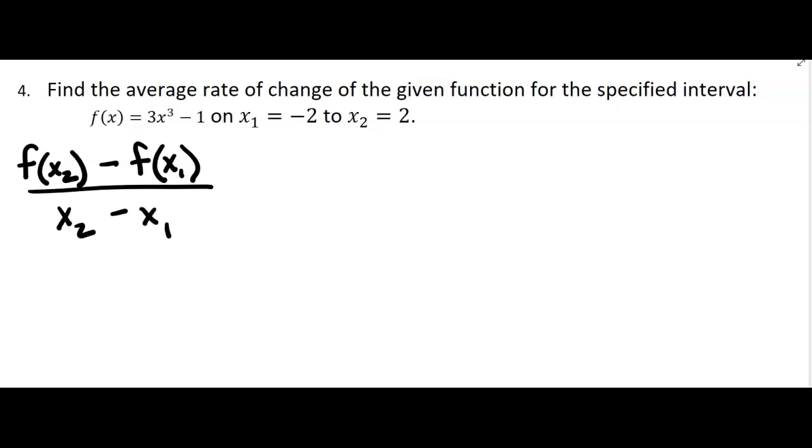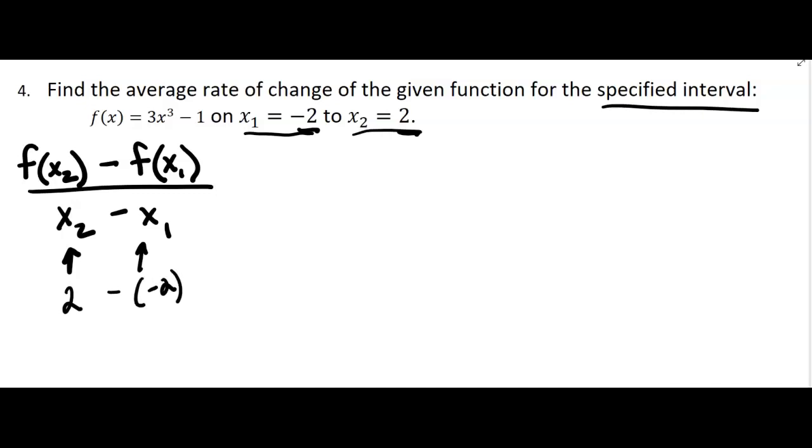So when we're doing average rate of change, they have to tell us what we're going from, the specified interval. We're going from x being negative 2 to x being 2. That's the interval that we're using. They tell us x sub 1 and x sub 2. Those you can just plug in right there at the bottom. So you're going to put a 2 here and a negative 2 here. That's x sub 2 and x sub 1.